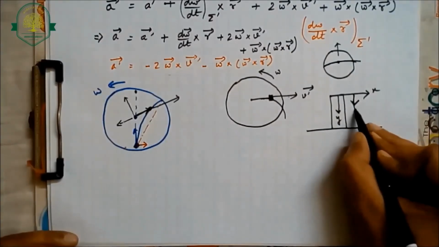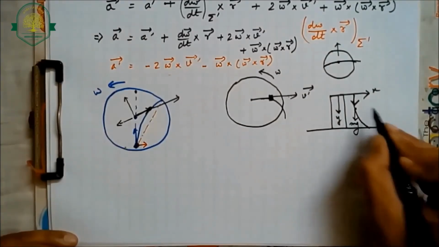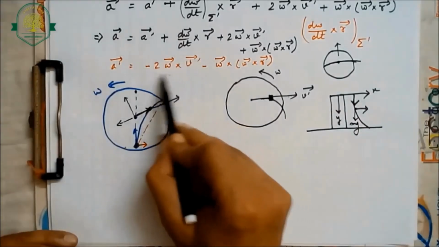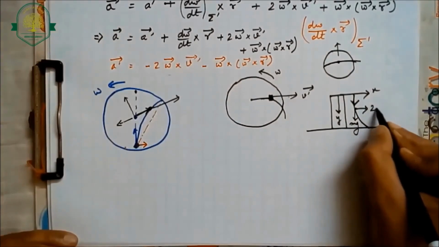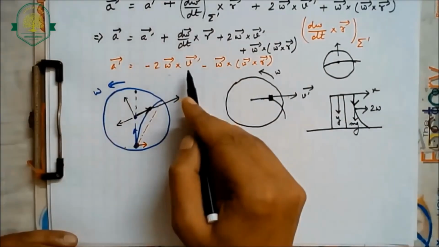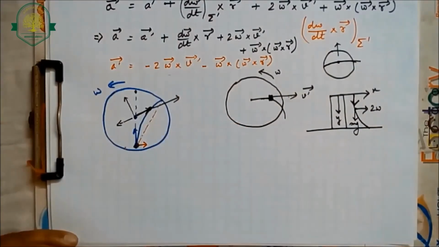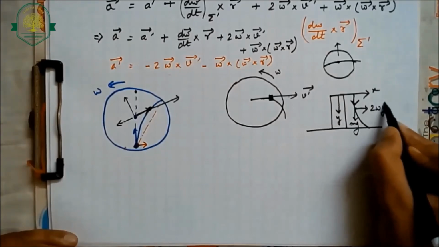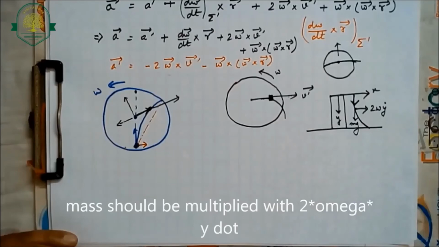we can say that two forces are acting on the ball. One is mg, the other is this term, 2 omega v prime. Omega and v prime are at right angles to each other, so we get a sine 90. So if we just write down the magnitude, it will be 2 omega y dot, where y dot is the velocity in the y direction.